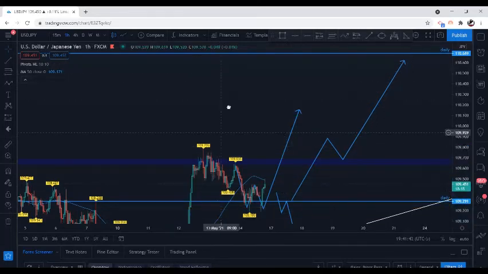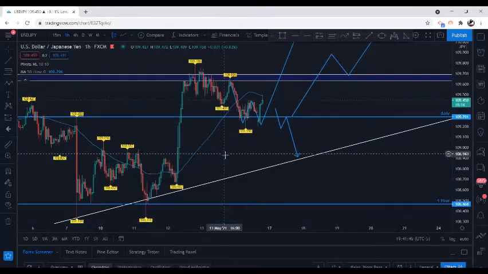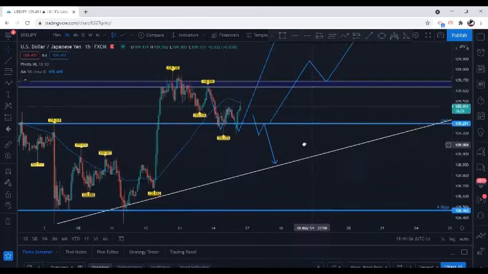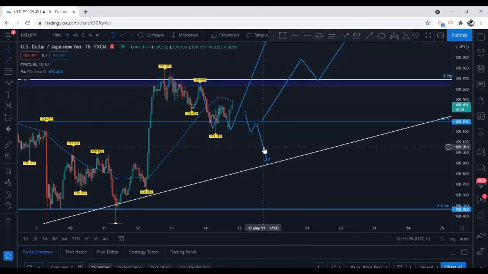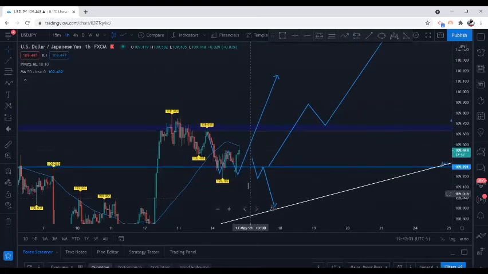For now, I am bullish on UJ, but I am bearish on the US dollar overall. So we can see some consolidation for this week, or we can see price drop based on fundamental analysis.